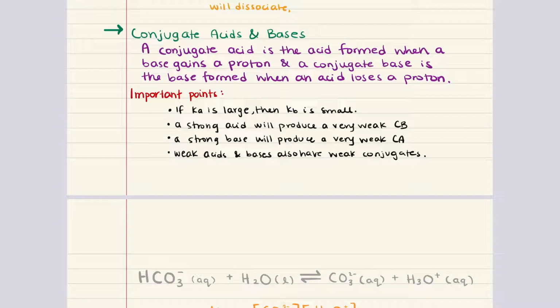Now, when an acid donates a proton, it forms its conjugate base. On the other hand, when a base accepts a proton, it forms its conjugate acid. This proton transfer process highlights the dynamic equilibrium between acids and bases.